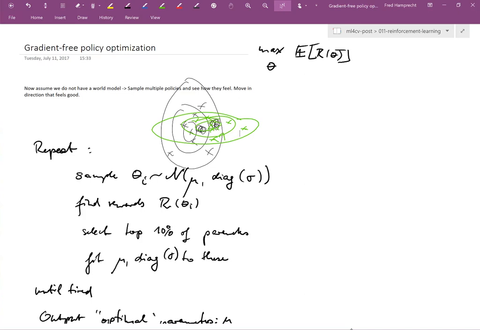So you're not guaranteed to get the same reward number out every time. And then also there's this state to state transition, which need also not be deterministic. And this is why we're talking about expected reward here.